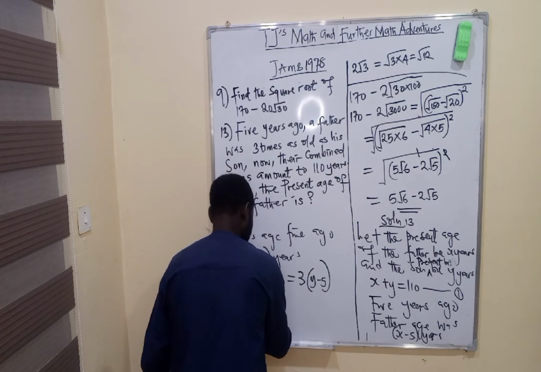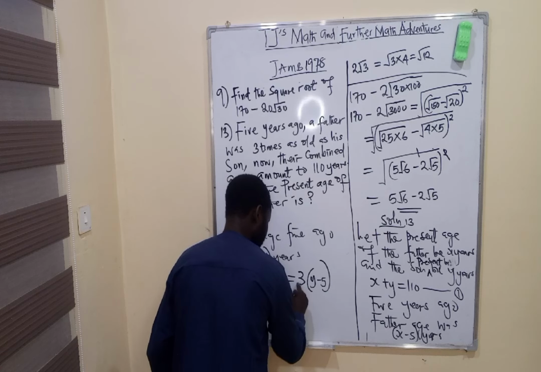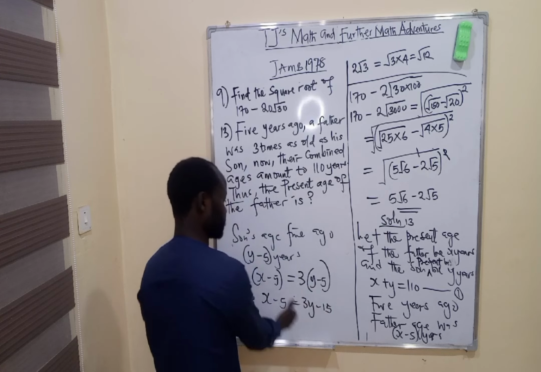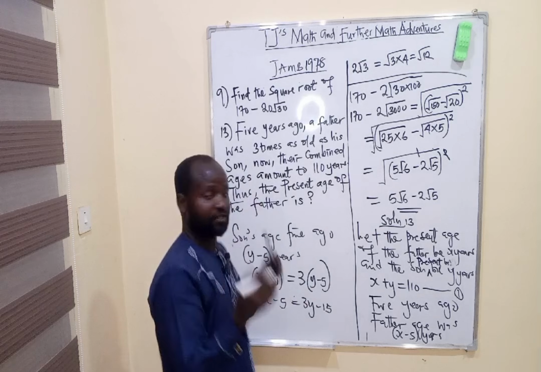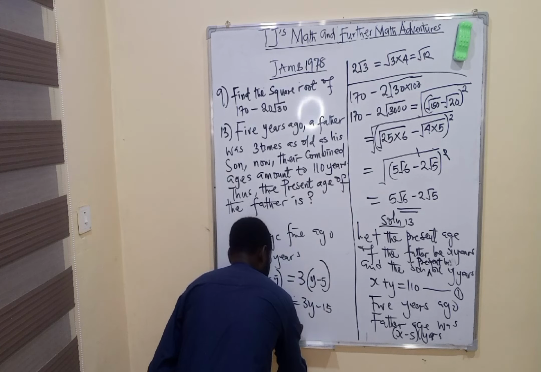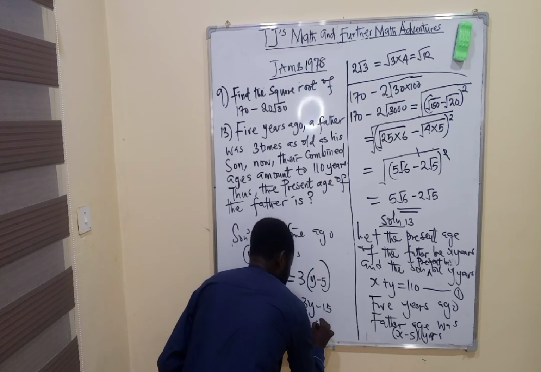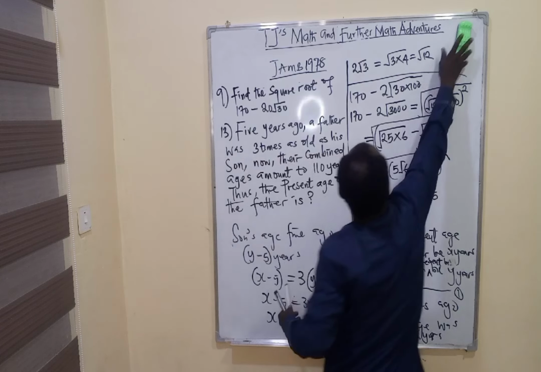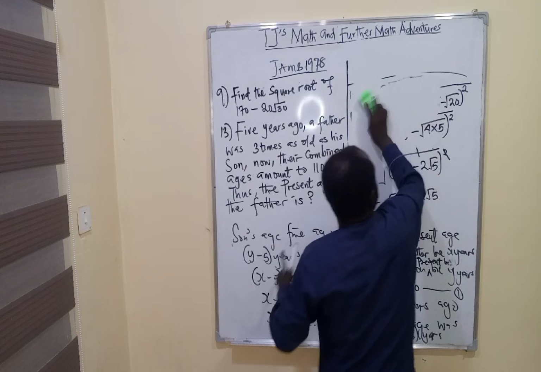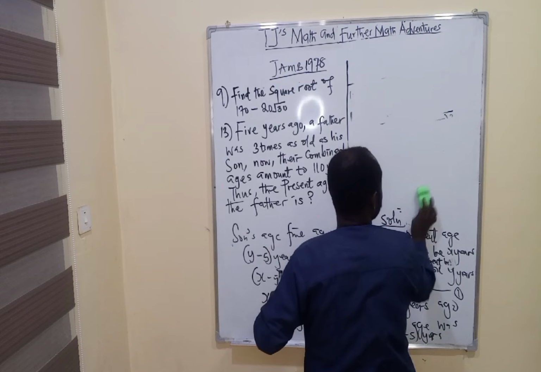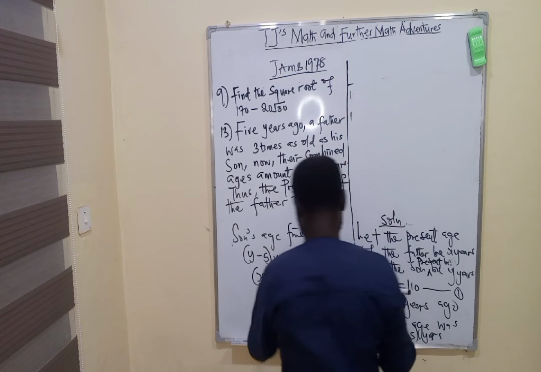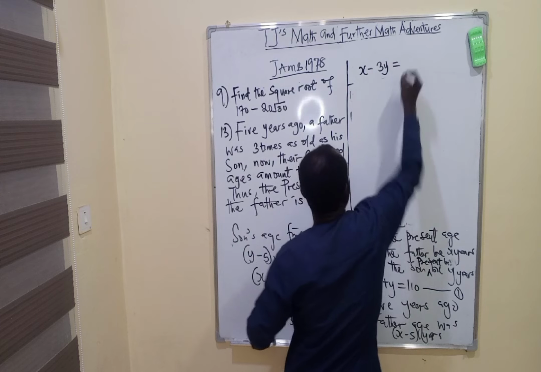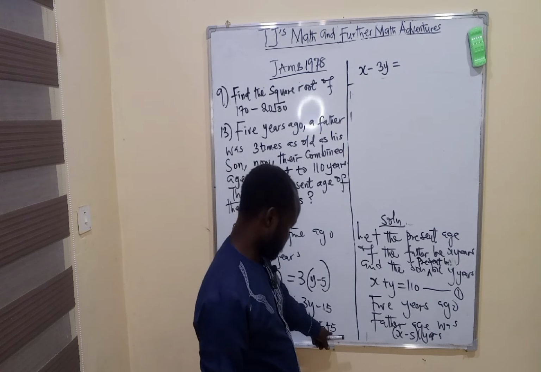So let's resolve this. This will be X minus 5 equals 3 times Y, 3Y minus 15. Let's rearrange this in terms of X and Y. So this will be X minus 3Y equals minus 15 plus 5.